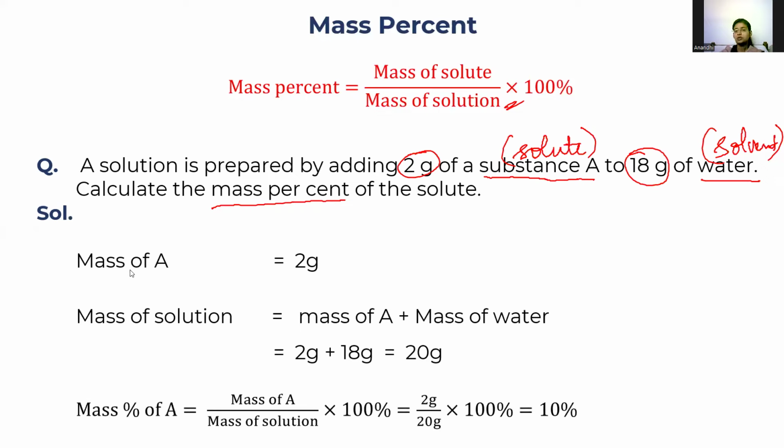Chi A plus chi B plus chi C will be equal to 1. So you don't have to calculate the mole fraction for A, B, C, D, etc. If you get the value of chi A, then you can get chi B using the 1 minus chi A formula. Are you getting my point?